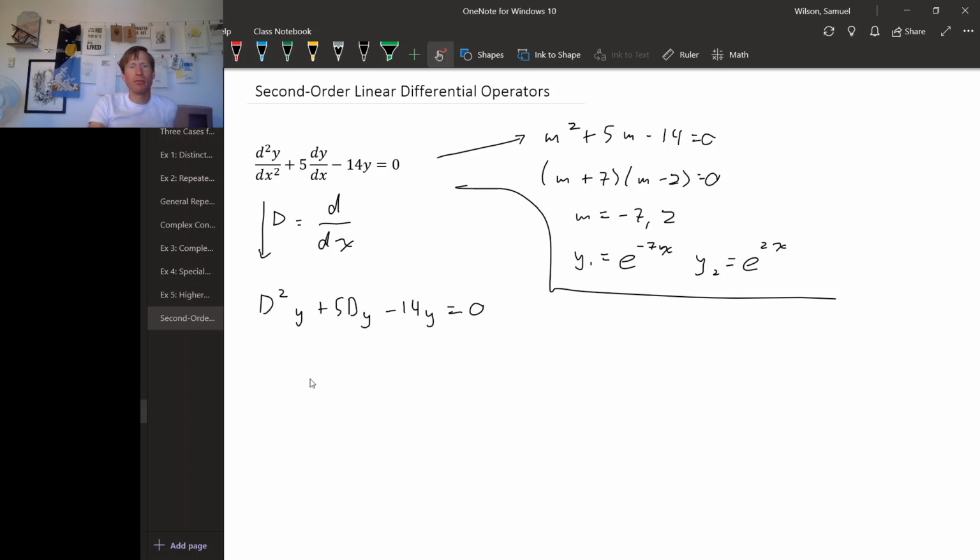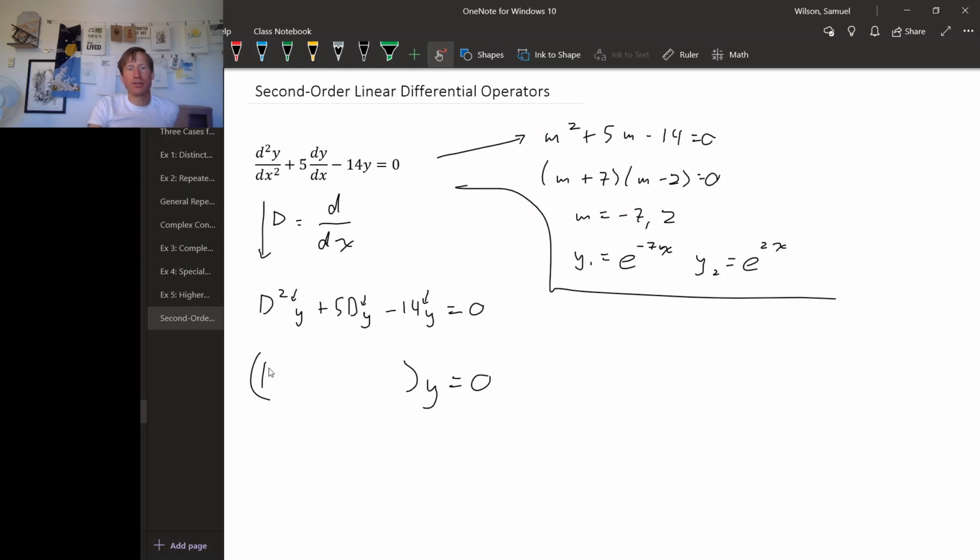And remember how we rewrote this: we saw that y is being acted on in each term, and so we quote unquote factored out the y. It's not really factoring since this operation here isn't multiplication, it's application of a differential operator, but it looks like factoring.